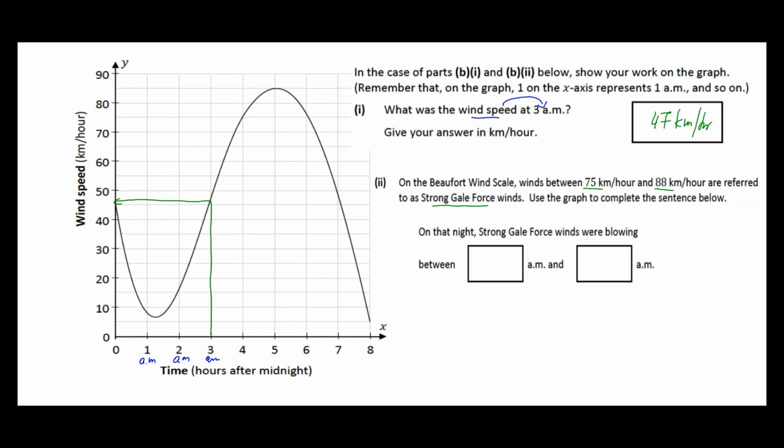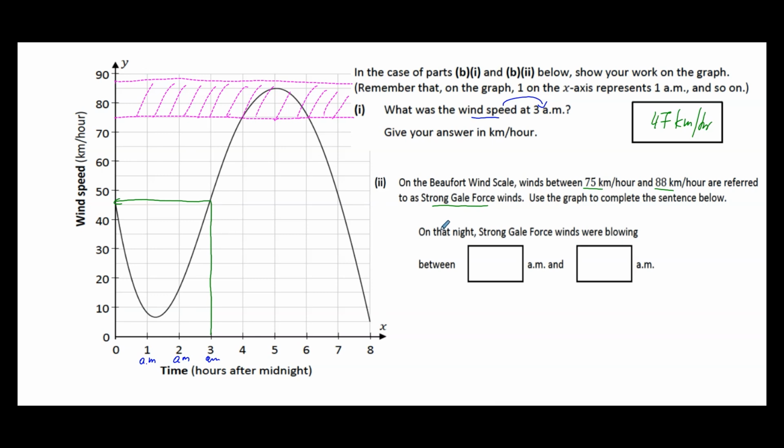So if we look at our graph, 75, that's where it is, and then 88 somewhere here. So if our graph happened here in that area, well, that means that was the time of the strong gale force.